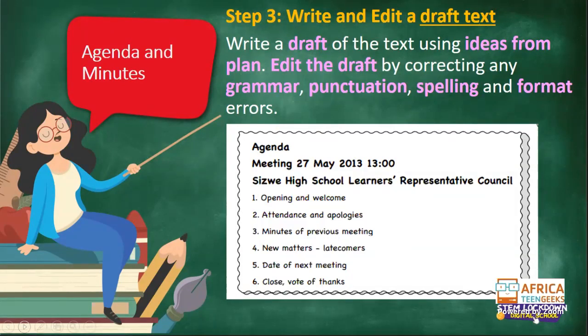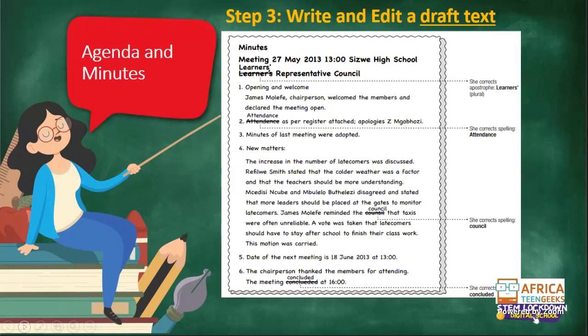And if you have to plan for your minutes, you can see they've modeled the planning very nicely for us. The spelling mistake for learners has been fixed. The spelling mistake for attendance has been fixed. Council concluded. So it's always important to edit your work first.